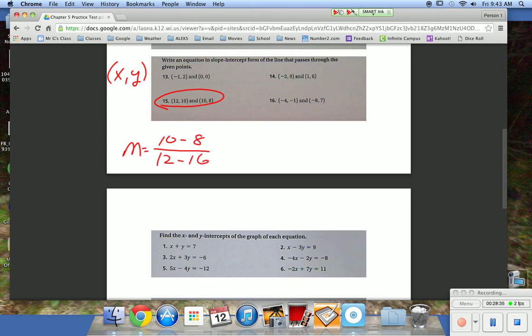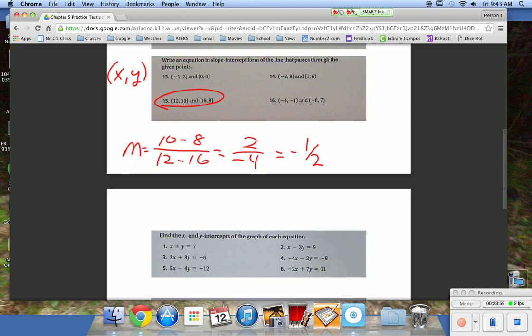All right? So we'd end up with 10 minus 8 is 2. 12 minus 16 is negative 4. If I reduce this, it reduces to what? Negative 1/2.